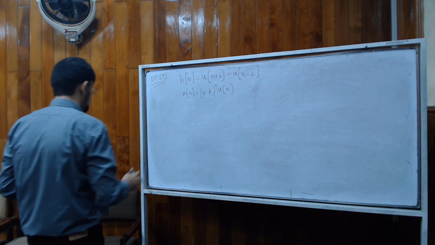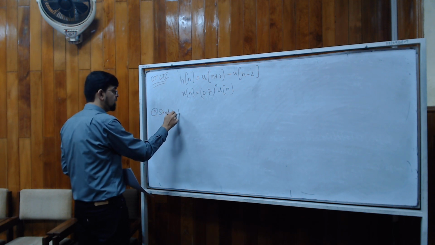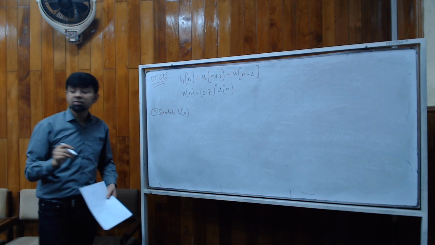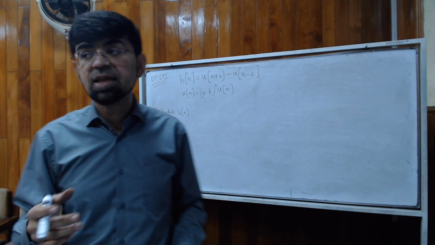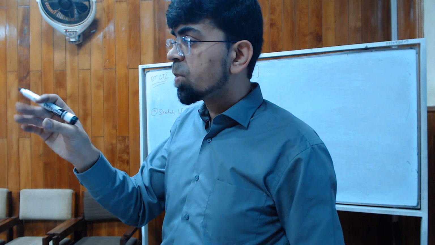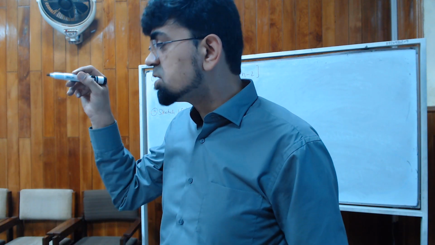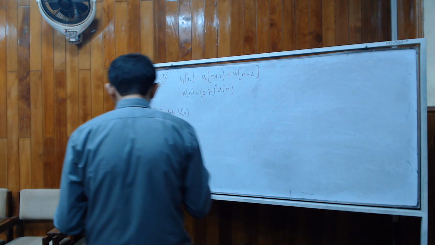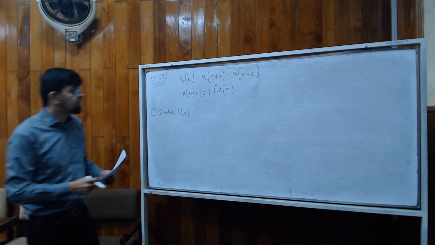Firstly, you're asked to sketch h[n]. It usually helps, by the way, even if you're not asked, I highly recommend that you try to sketch the input. Get a feeling for it, don't try to make the exact sketch. Get an approximate sketch of the input and the impulse response. It helps a lot. So let's say you have to sketch h[n].